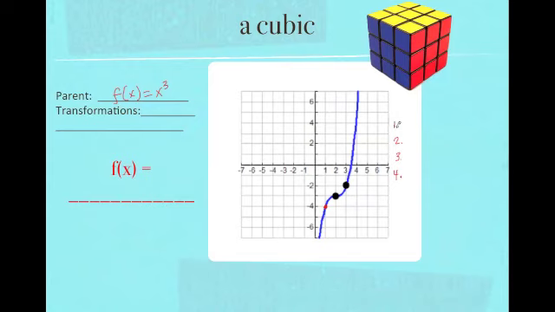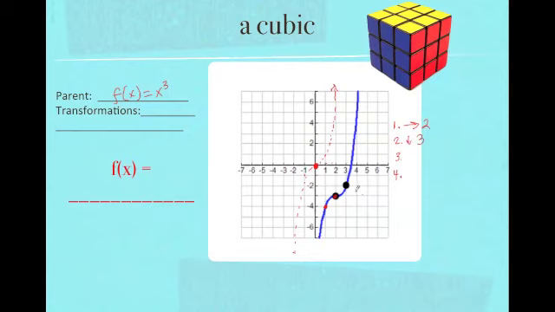Our horizontal movement, and from our parent function, which looks something like this, horizontally to get from this point to this point, I'm going over 2, to the right 2, and I'm going down 3.